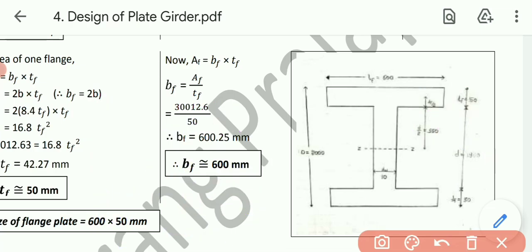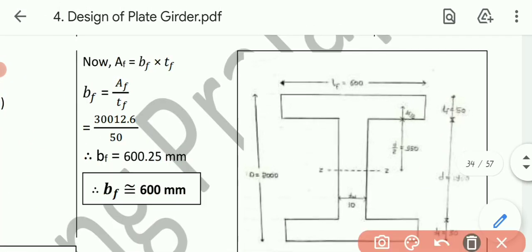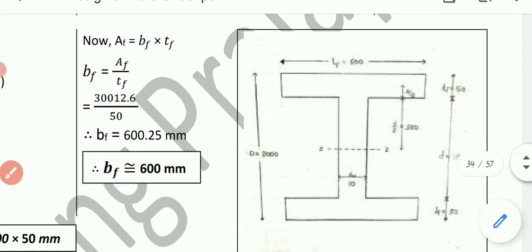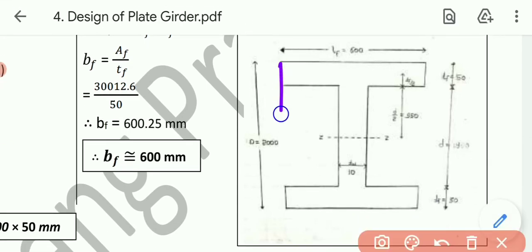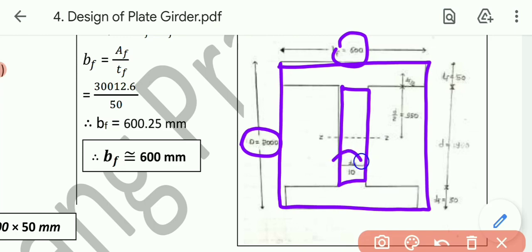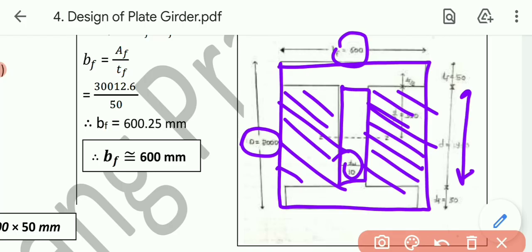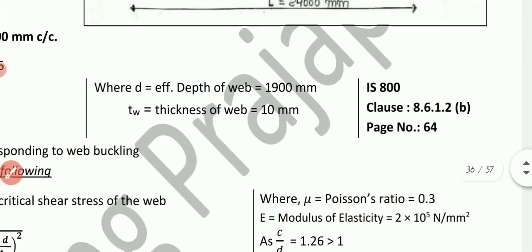Clear? And then IZ means moment of inertia with respect to the ZZ axis, by the box method. We can calculate the moment of inertia directly with the box method. So whole BD cube by 12, that is 600 into 2000 cube by 12, and from that just deduct the central portion. So 600 minus 10 into the depth of web cube by 12.